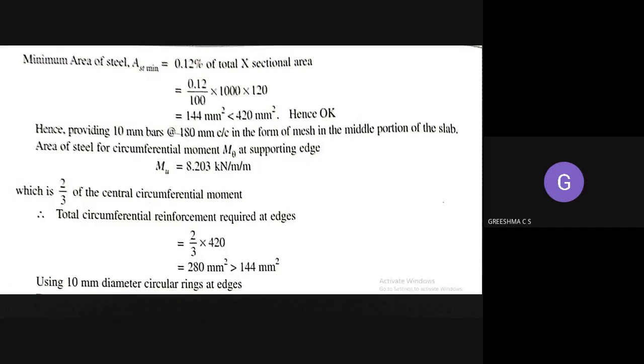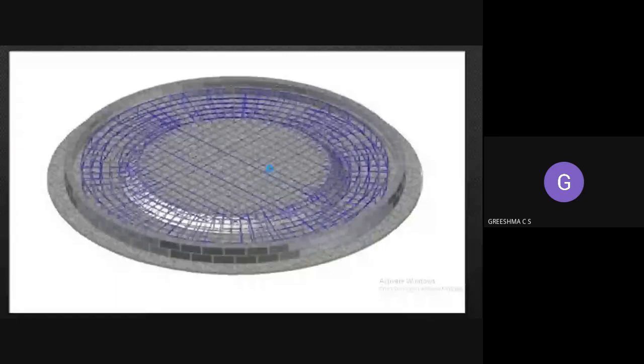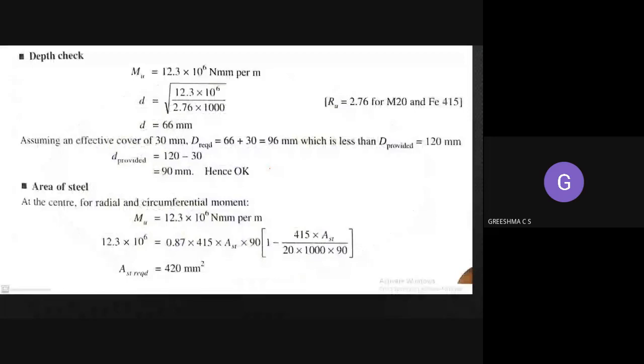Centrally we provided 420 mm square. As per the equation, this is Ast required, which is 420 mm square.